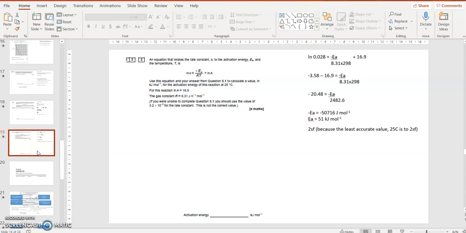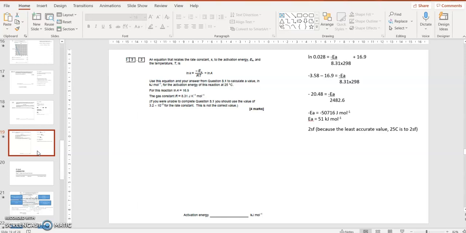Have they given you temperature? Yes, they have. They've given you 25 degrees C, and temperature needs to be in Kelvin, so you have to add on 273 to work out 298. Don't forget to put your temperature in Kelvin. Rearrange it, so take the minus 16.9 across to the other side, multiply by 8.31 and 298 on each side, and you'll come up with minus Ea is minus 50716 joules.